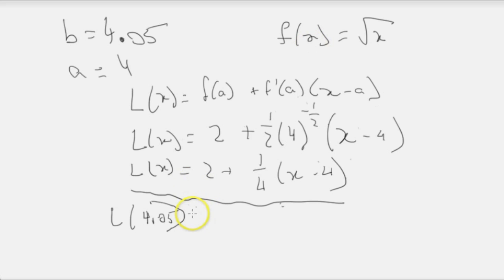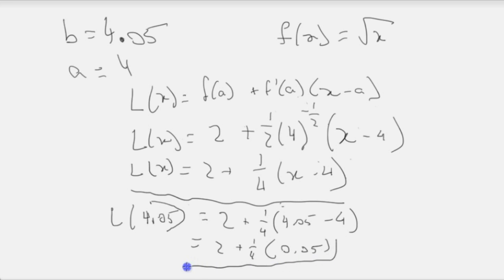We can solve for the approximation here. That would be 2 plus a quarter of 4.05 minus 4, which is 2 plus a quarter of 0.05. And so this value right here is going to be very, very close to f of 4.05.